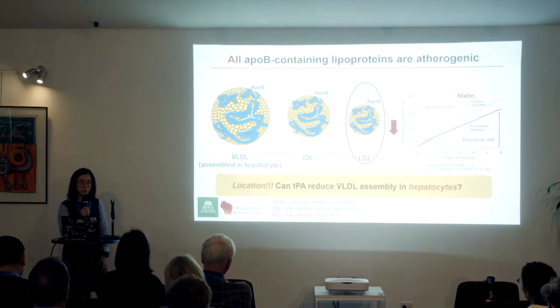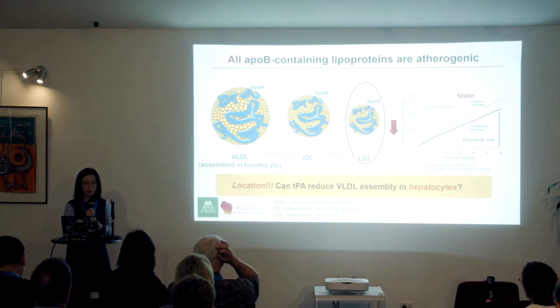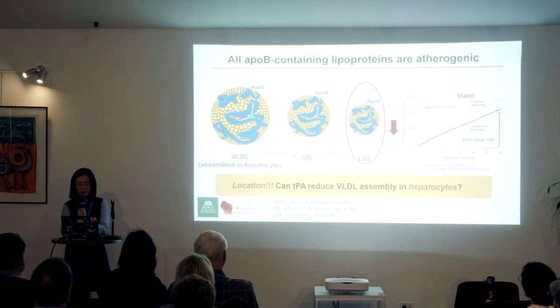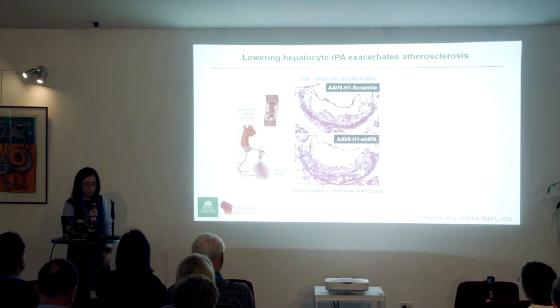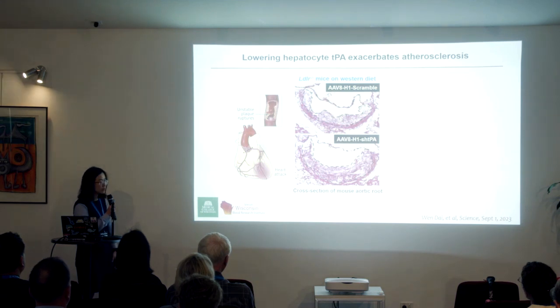And if we really think about why the hepatocyte needs TPA and what its physiological role is, one idea is that having TPA in the hepatocyte gives us an opportunity to think about its intracellular function in VLDL assembly. So we first did a study simply silencing the hepatocyte TPA in an atherogenic mouse model.